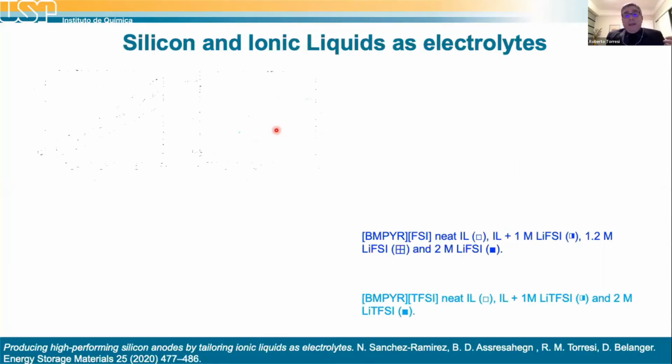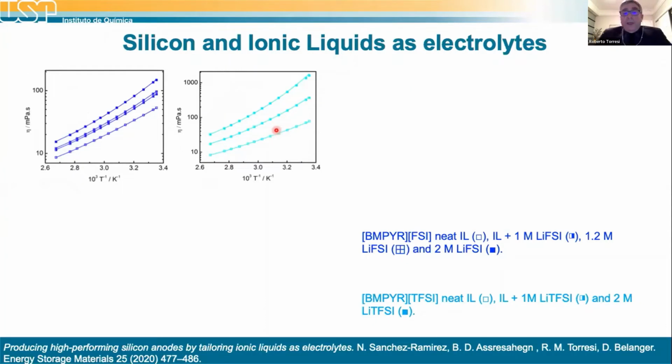In the case of silicon, we use butyl methyl pyrrolidinium with FSI as the anion, with two different salt concentrations, and another ionic liquid that we used is butyl methyl pyrrolidinium with TFSI. These two ionic liquids have different viscosity, and as you can see here, in the case of FSI the viscosity is smaller than in the case of TFSI.